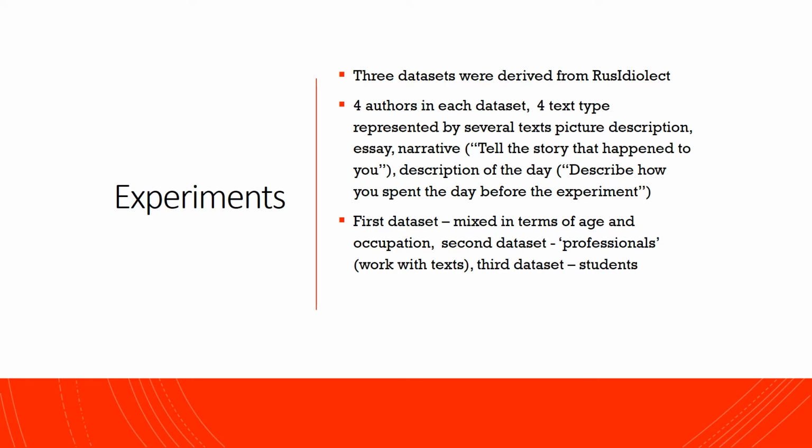The authors are women between the ages of 20 and 36. We call this dataset professional. The third dataset includes texts by students as well as people with higher education whose activities were not related to texts. We name this dataset non-professional.